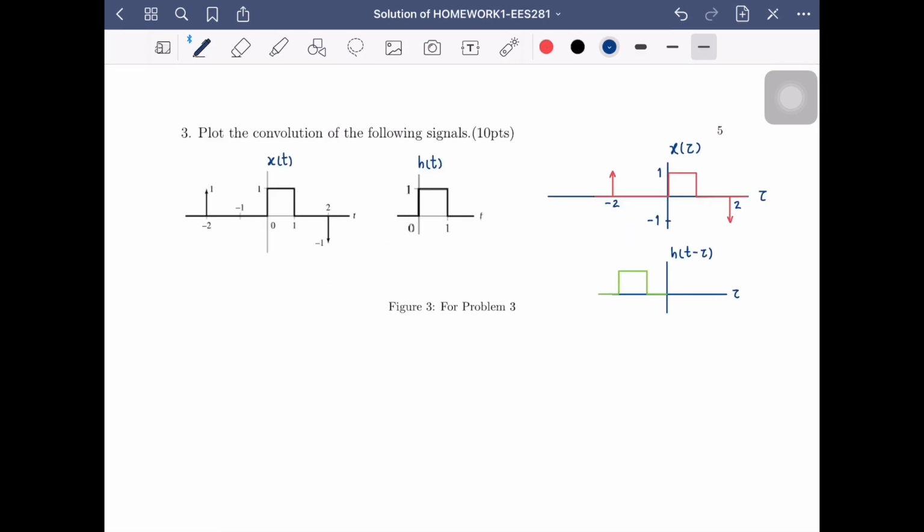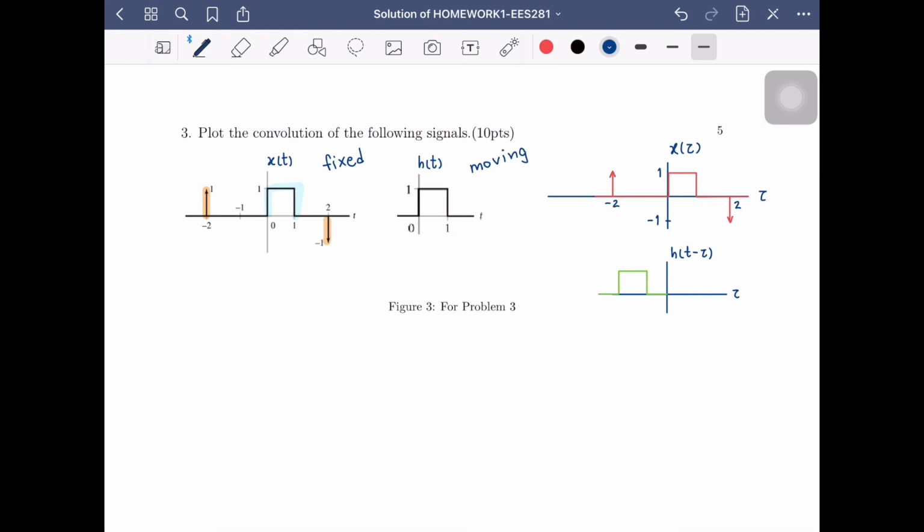The last question, we have to plot the convolution integral of the following signals. So we have x(t) and h(t), and we define this one as the moving signal and this one as the fixed signal to make it easy. We can see that x(t) simply has two parts, the blue one and the orange one.